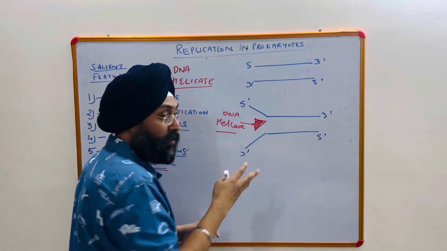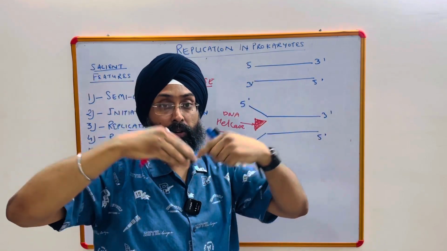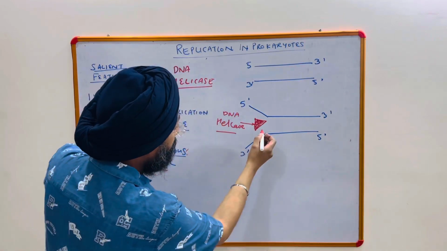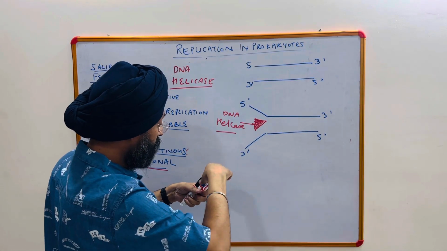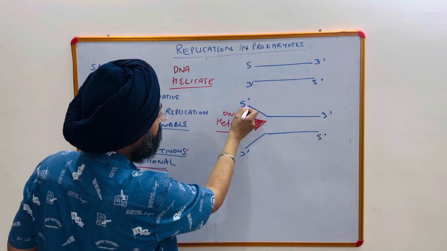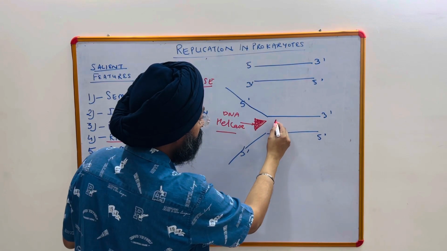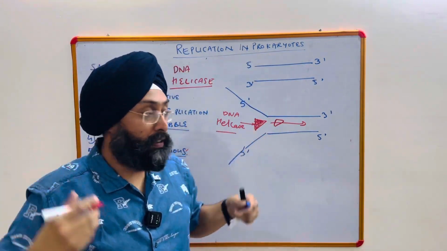It will attach here and keep on opening, acting as a zip opener. It opens the two strands of DNA. As it moves further onward, the DNA will keep unwinding itself, and this will keep moving forward in the direction and DNA will start to open, right?